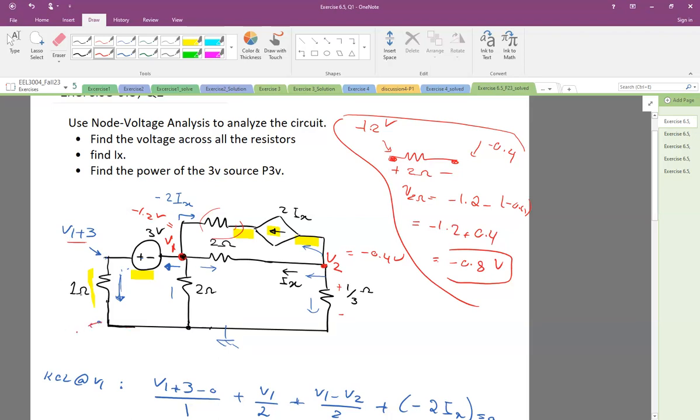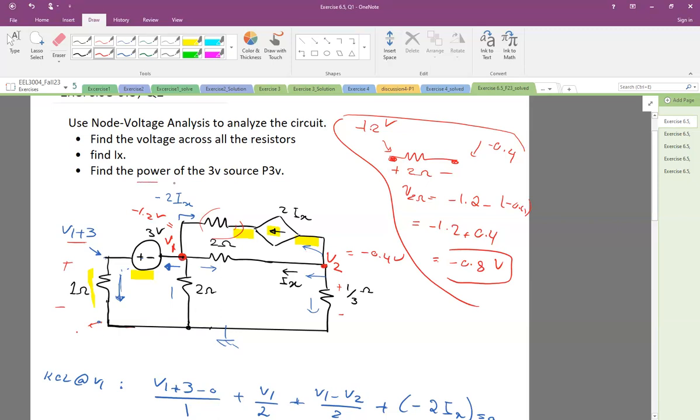So this minus that divided by 1 gives me the current, and the voltage across it would be V1 plus 3 minus 0. For the interest of time, I won't go through the details, but after you have the essential node voltages, you can easily solve the circuit.